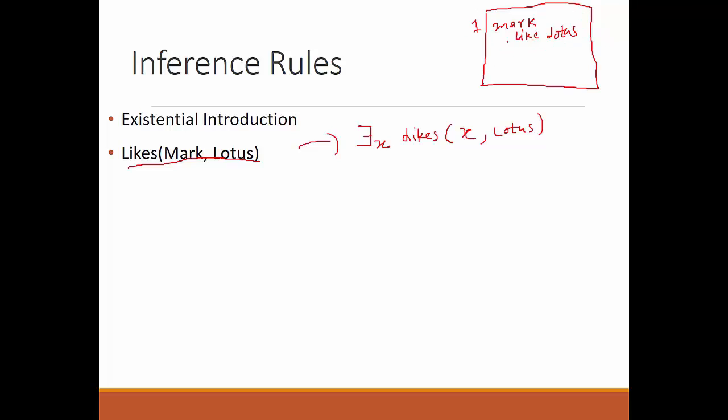Since we have this one statement at hand, we can replace it with there exists at least one x such that x likes lotus. So this is called existential introduction, which means that this statement could be replaced with a statement that says there exists at least one x such that x likes lotus.